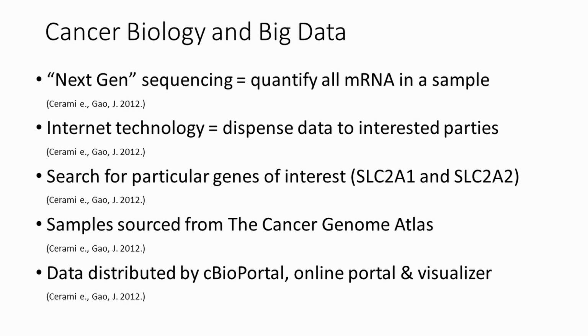Ours came from the cBioPortal, which distributes samples collected from the Cancer Genome Atlas. And we're going to look at the particular expression of the genes SLC2A1 and SLC2A2 in several different cancer types. These code for the two most common GLUTs, GLUT1 and GLUT2, respectively.